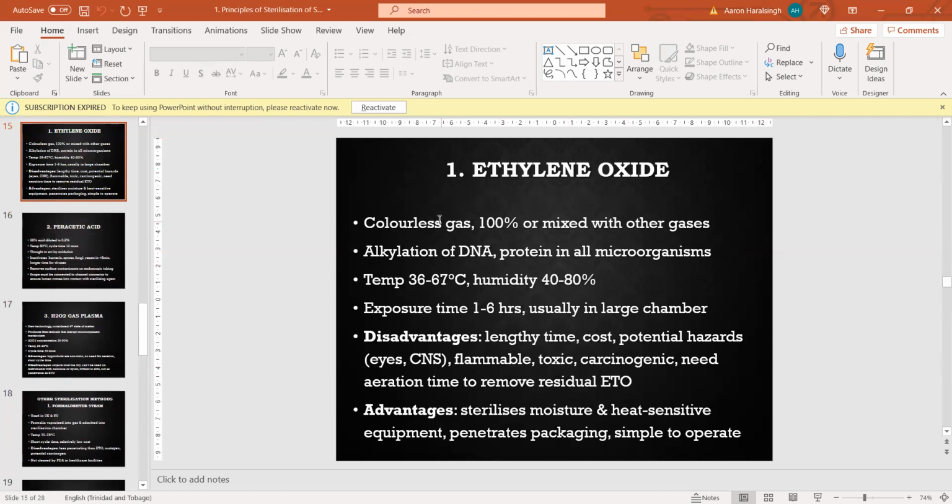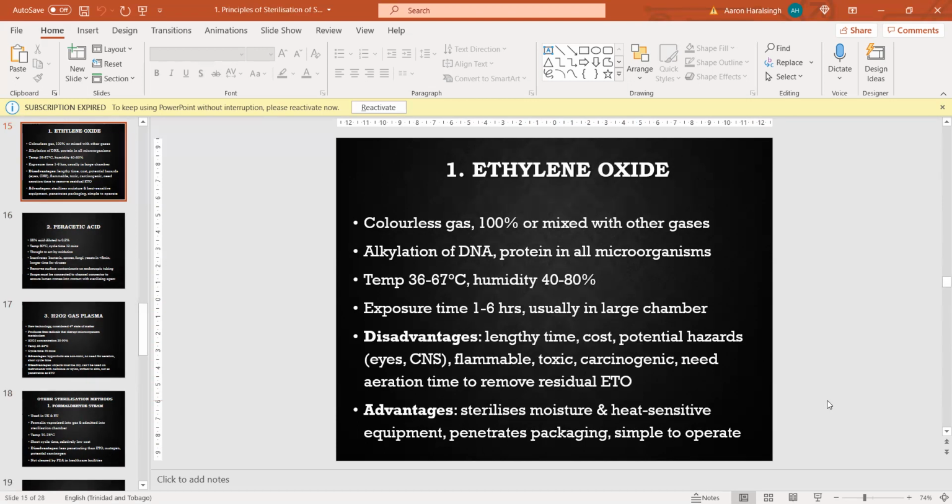It works by causing alkylation of DNA, and it is usually applied at a temperature of 36 to 67 degrees Celsius, with a humidity of 40 to 80%, with an exposure time of 1 to 6 hours. Some of the advantages are that it sterilizes heat-sensitive equipment and moisture-sensitive equipment, and it's able to penetrate the packaging, and it's quite easy and simple to operate.